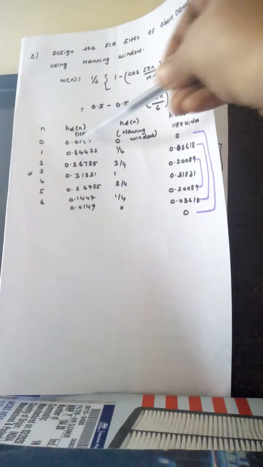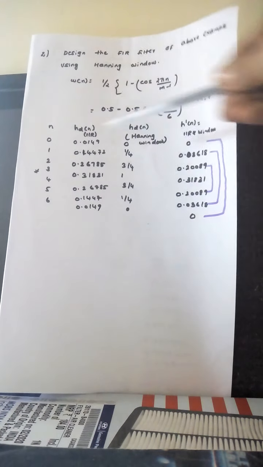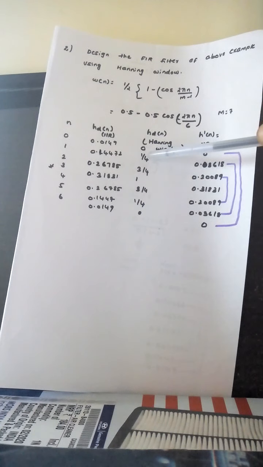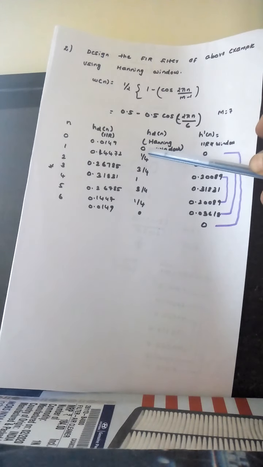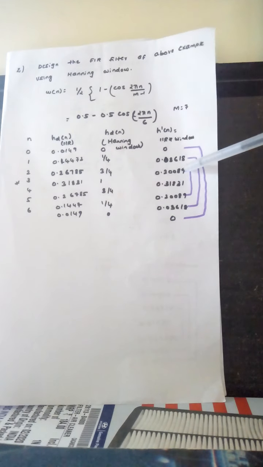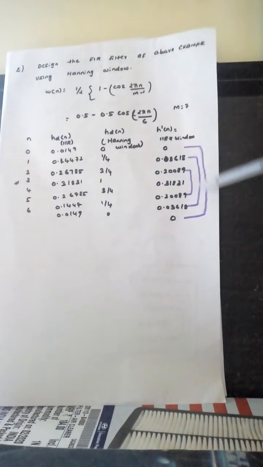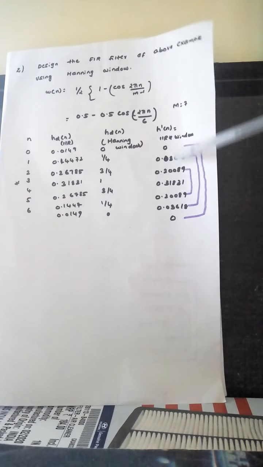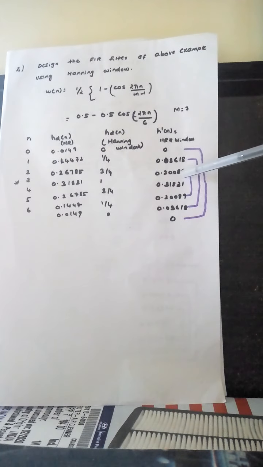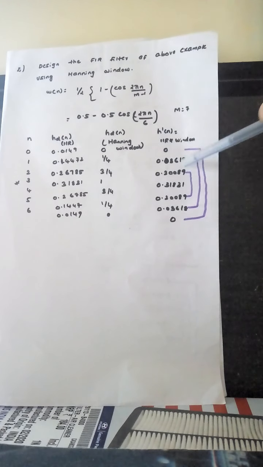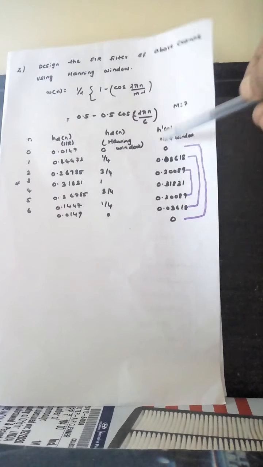If you multiply both terms, we get h dash of n, that is nothing but the IIR into the Hanning window, which gives the response as an FIR. Here also this value will be the same, and this value will be the same, so just finding the 3 value is sufficient. This is the way we can find any type of windowing here.